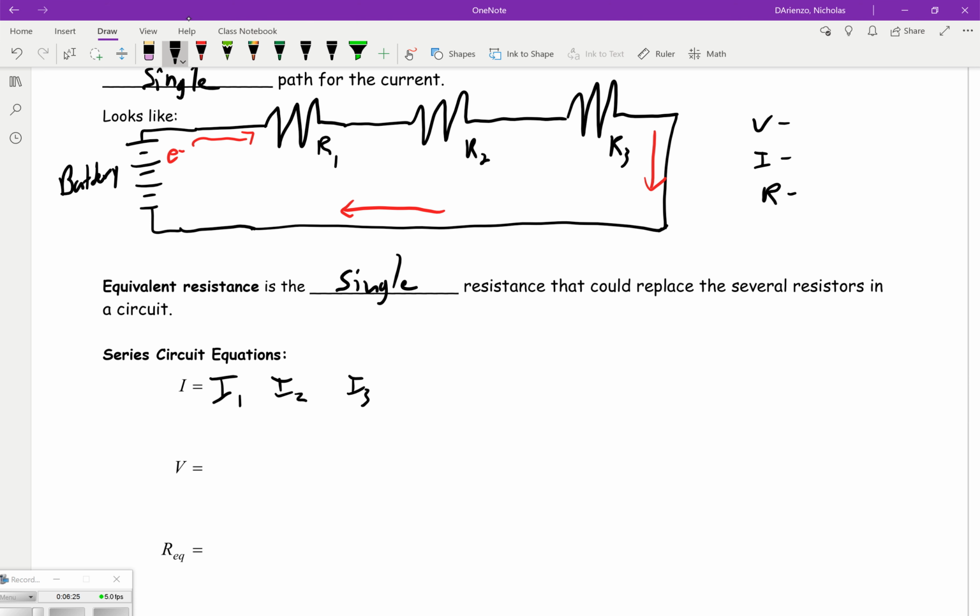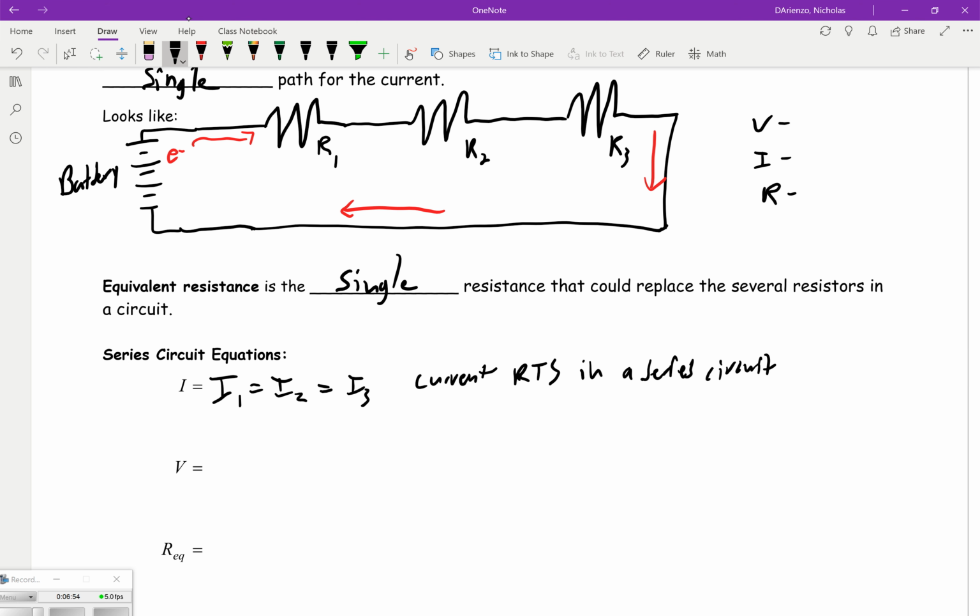But the current flowing through each of these is the same. So the current in a series circuit remains the same. Anywhere in that circuit, if you only have one path, the current's going to remain the same.